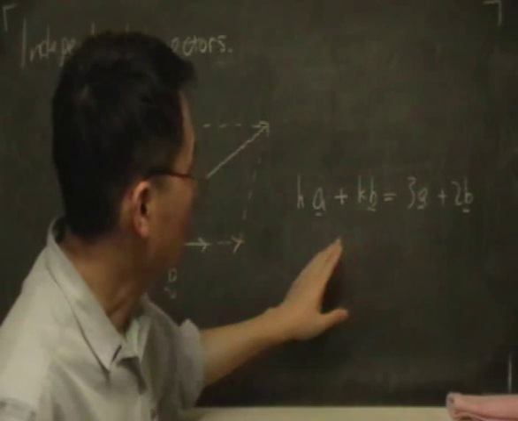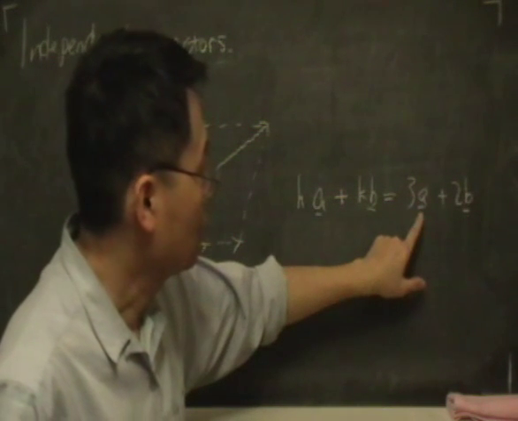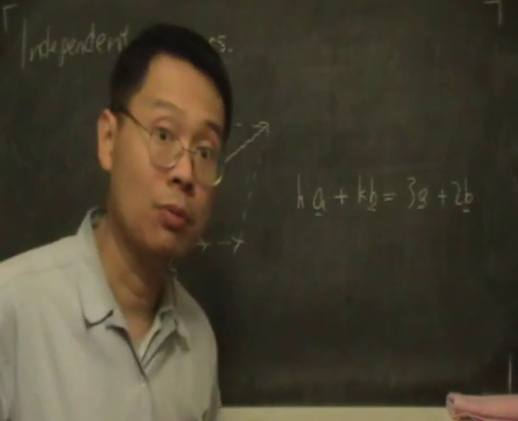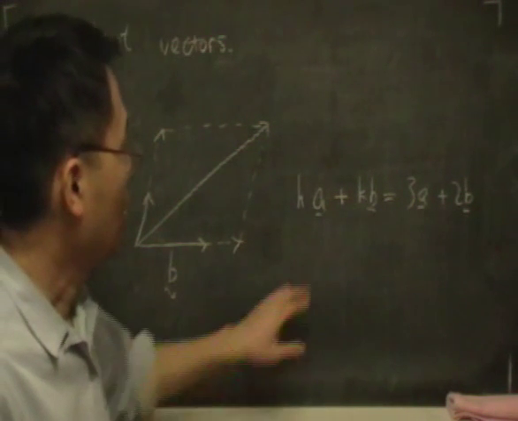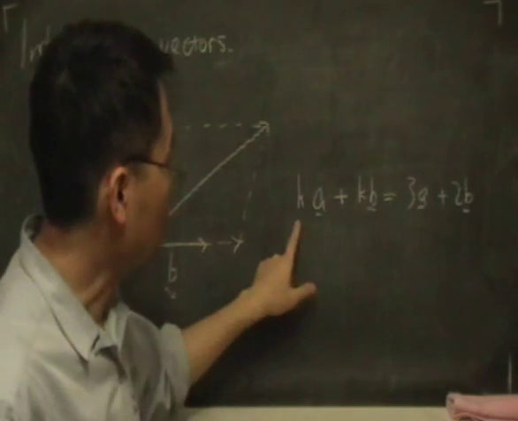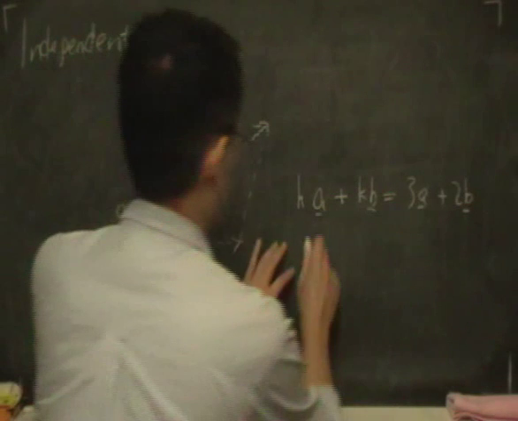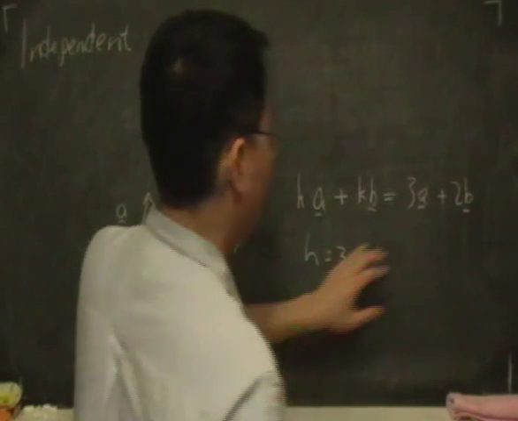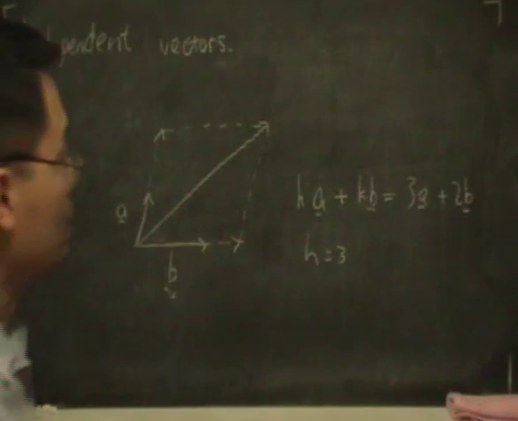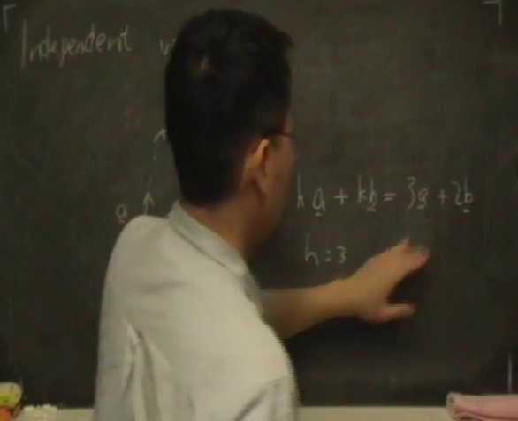So in this case, since on the right side A is multiplied by the number 3, and on the left side A is multiplied by H, this means that H must be equal to 3. And since KB is equal to 2B, it means that K must be equal to 2.